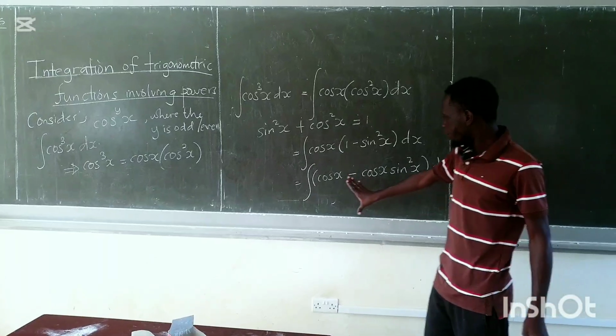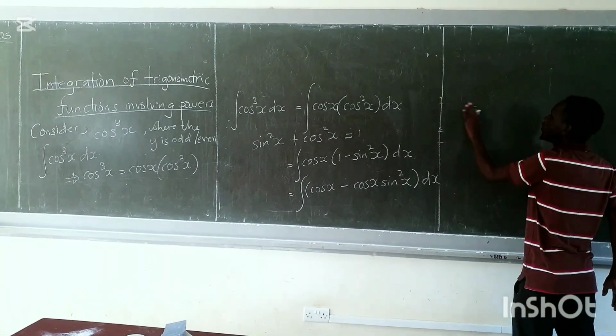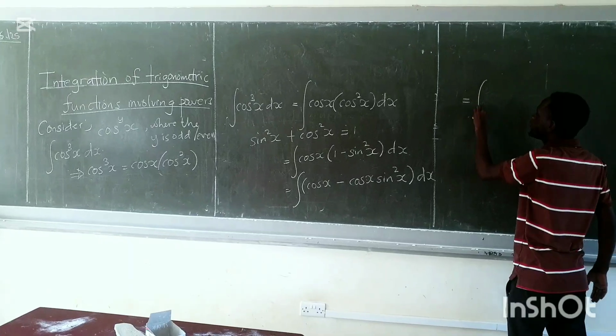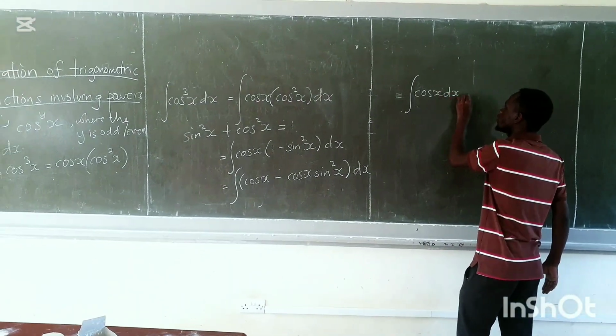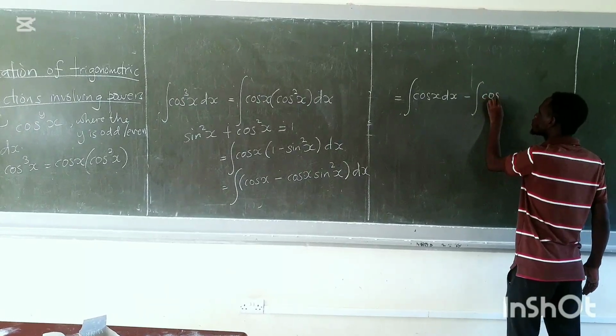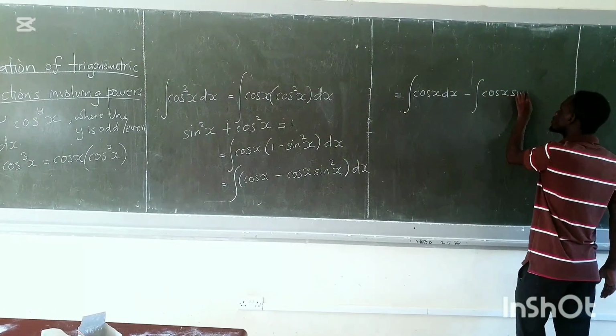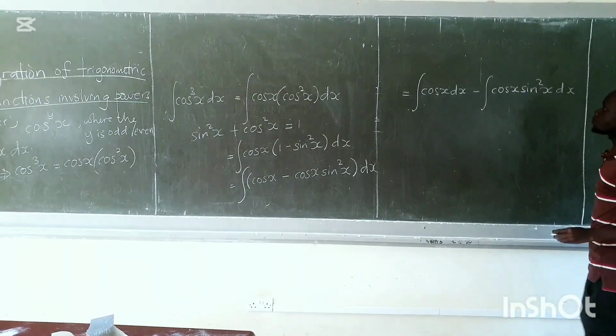So, if I handle this individually, I will be having the integral of cos x dx minus the integral of cos x sin^2 x dx.